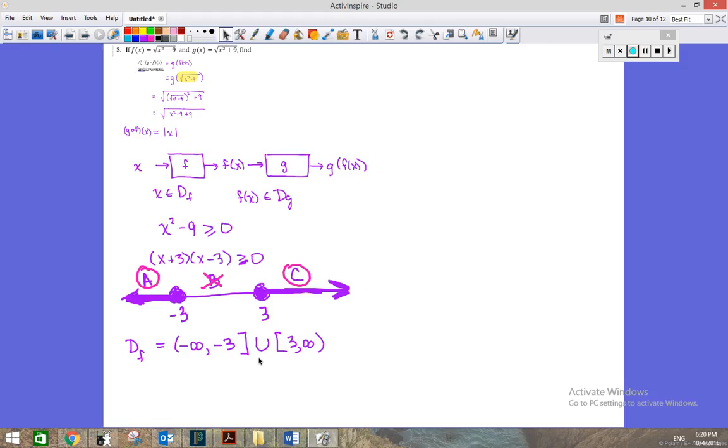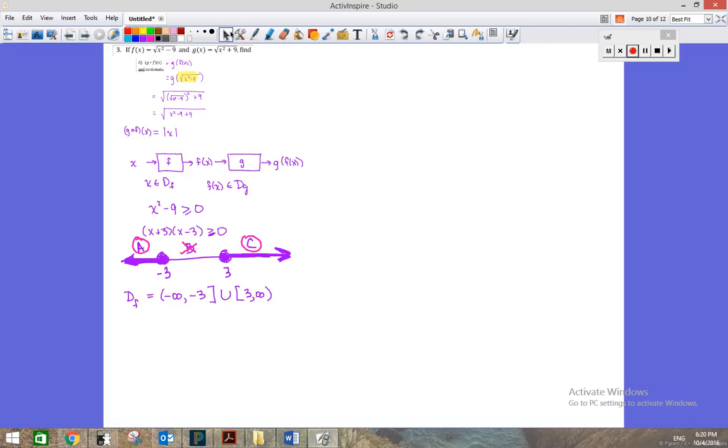So let's look at the domain of g. Well, we have another quadratic inequality, but you can see the symmetry, at least I hope you can. Let's take a look at this x squared, well, wait a minute, plus 9.